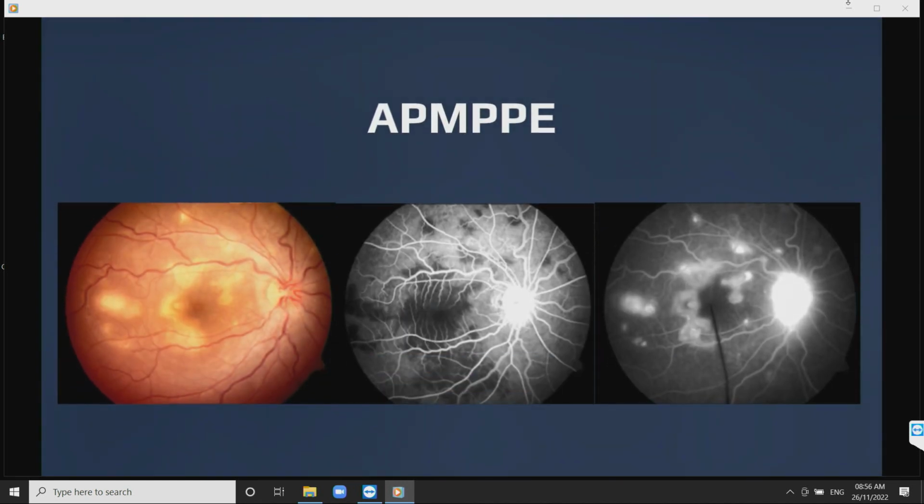In APMPPE, FFA shows early hypo and late hyperfluorescence, and you can see in FFA the number of lesions are much more than in a fundus photo.